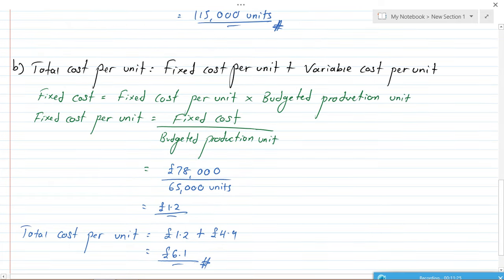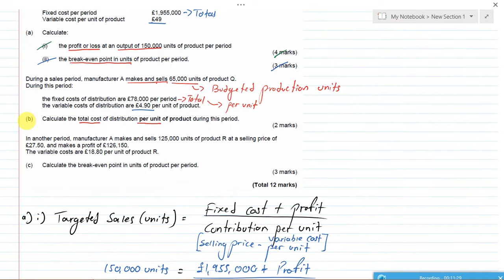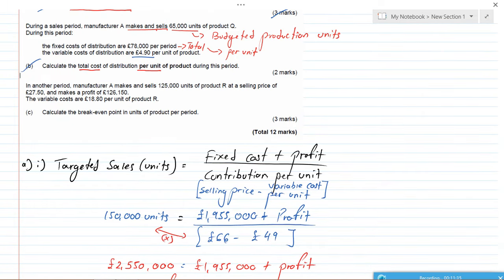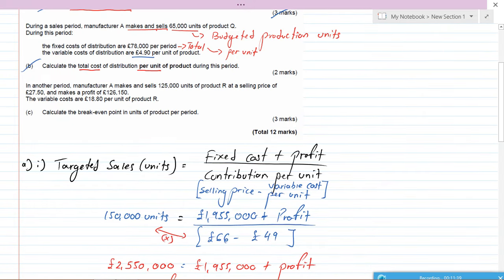So we are done on the part B. Now next, your part C. Look at that. Part C, calculate the break-even point in units. Now, if you look at the part C, again, they're asking for break-even point in units.